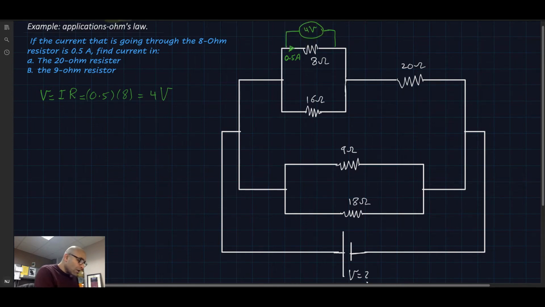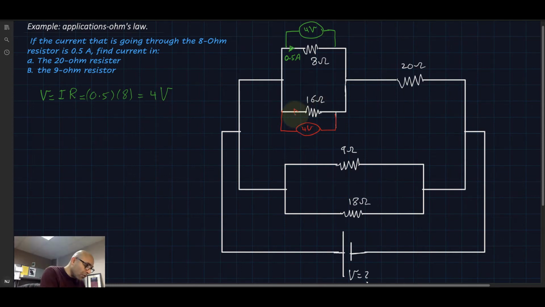If the voltage drop across this one is 4 volts, this one is in parallel with it, so the voltage drop across this one too, I'm going to make it in red, is also 4 volts.